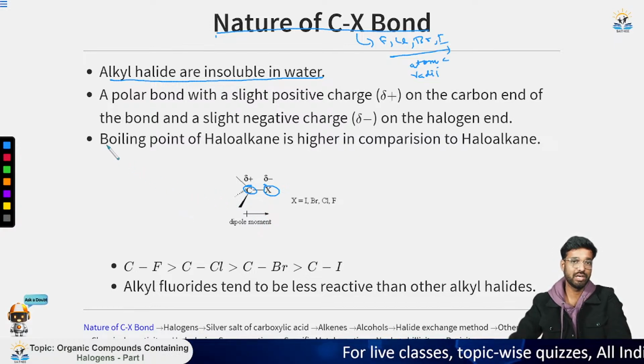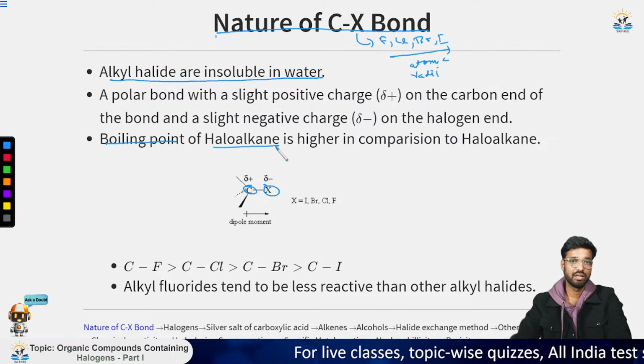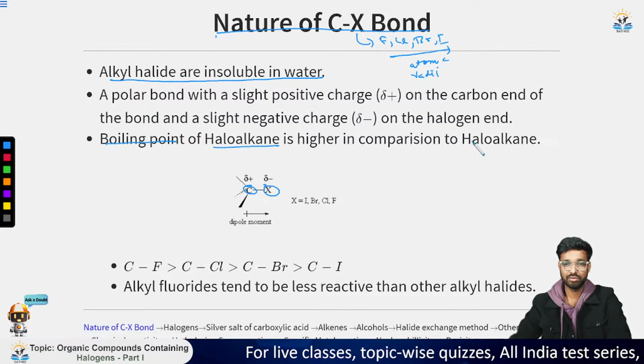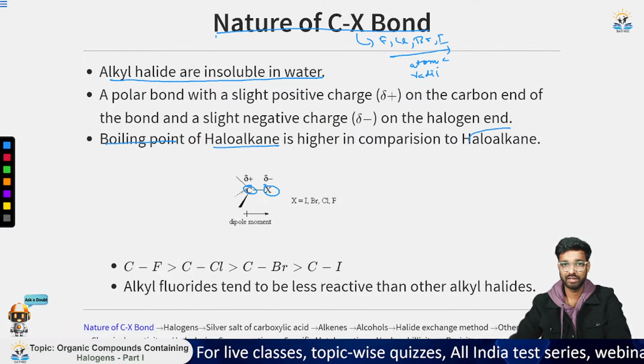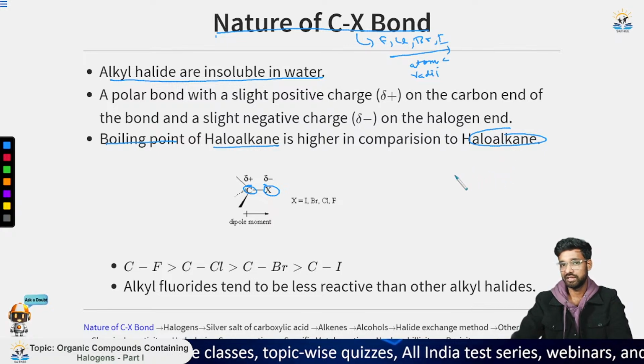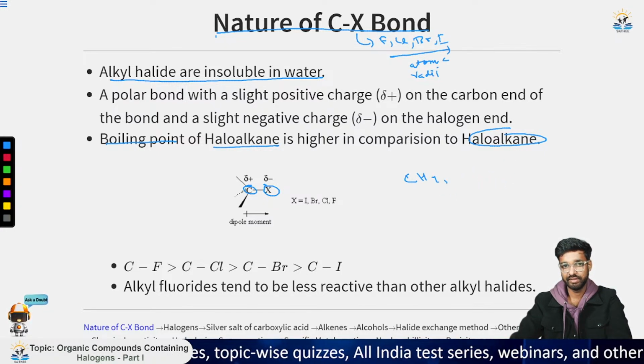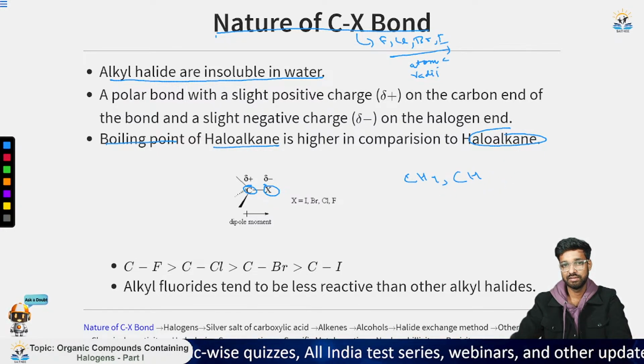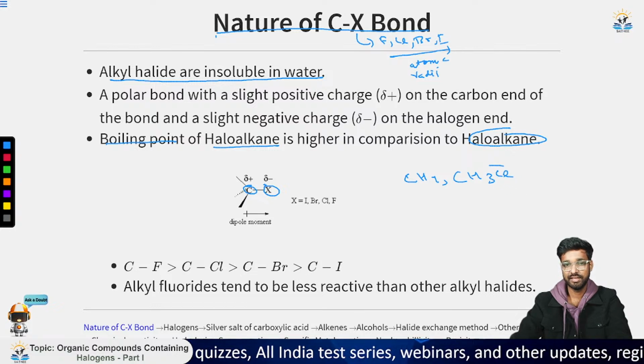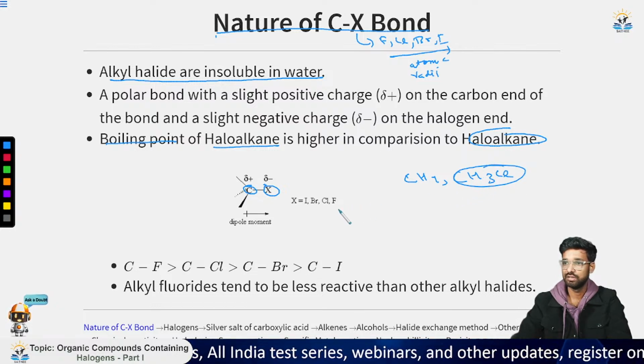First of all, the boiling point of a haloalkane is higher in comparison to the corresponding alkane. Suppose we have CH4 and CH3Cl, then CH3Cl will have a higher boiling point. Why?